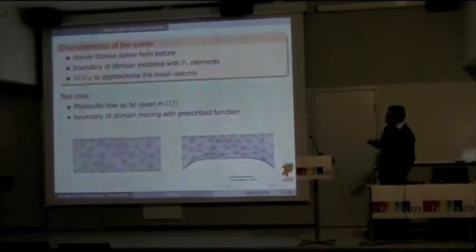And here you have numerical results that we used to check that everything was okay. So basically we have, I think, a P6. What we do is that we have a domain moving with a prescribed function, which is of order P4 or P6, I can't remember. Here, this is the part which is moving, right?